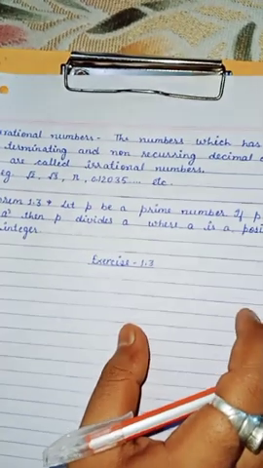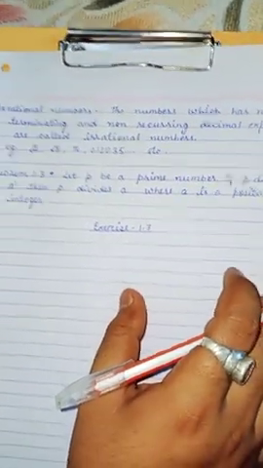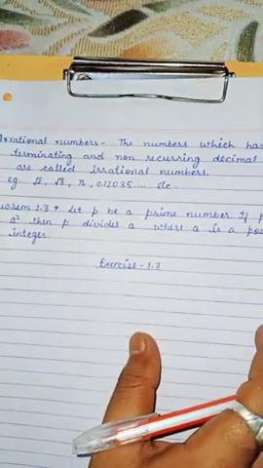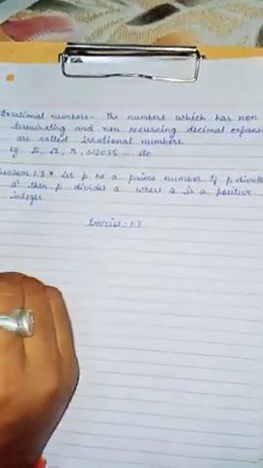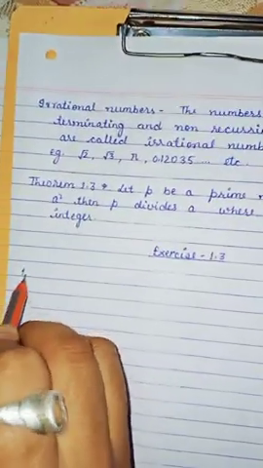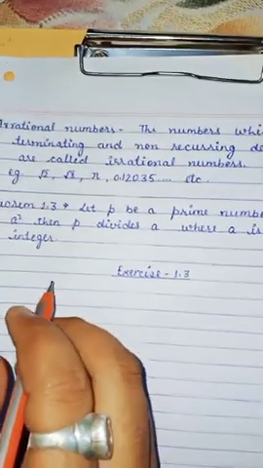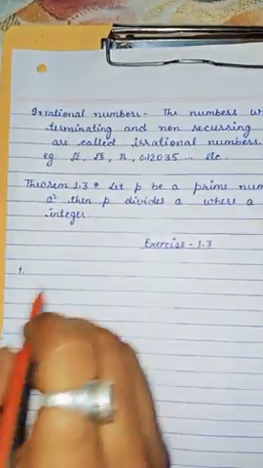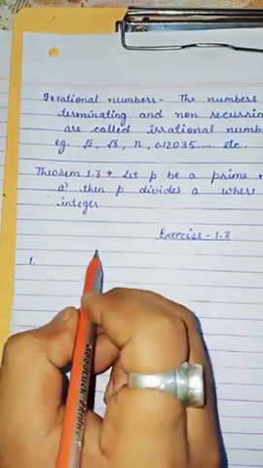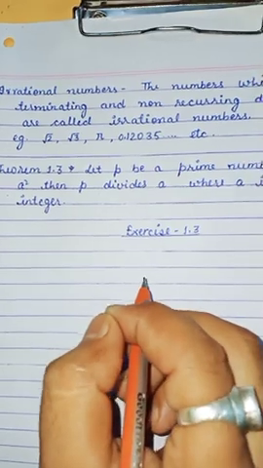So let's have our first question. It is a very important exercise from the point of view of examination, because questions are asked several times from this exercise. The first question is: prove that root 5 is an irrational number. If we have to prove root 5 is an irrational number, we will at first consider root 5 as a rational number.